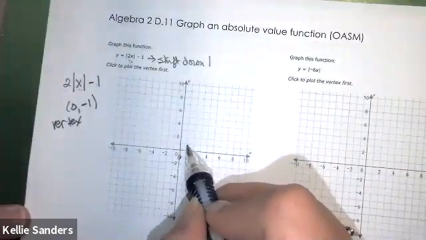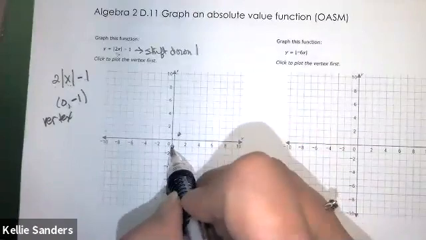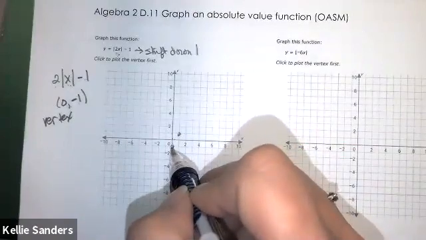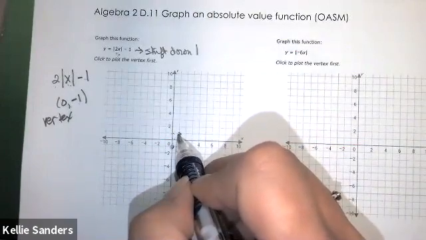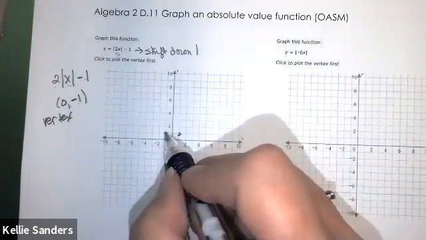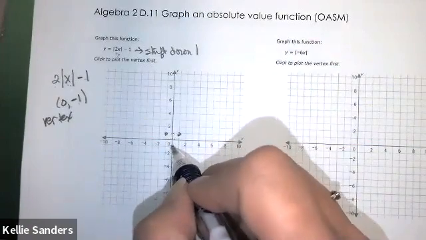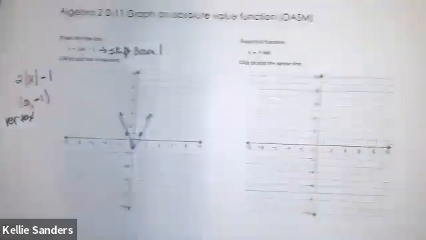So we're going to go up 2 and over 1. That's how you're going to plot it on IXL. You always need to plot the vertex first, and then just go up 2 and over 1 and put a second dot. And when you put that there, it's automatically going to put its partner with it on the other side, and it's automatically going to draw the V.